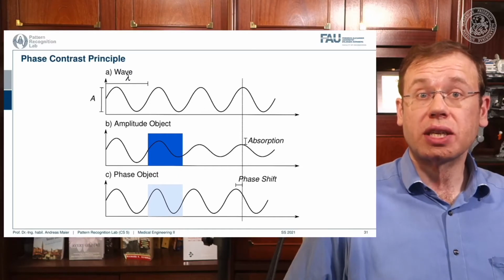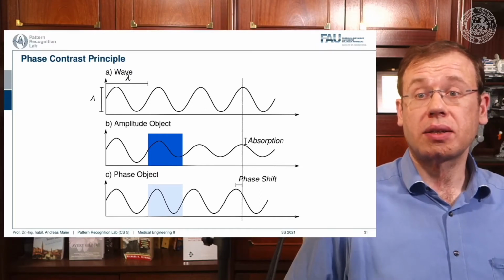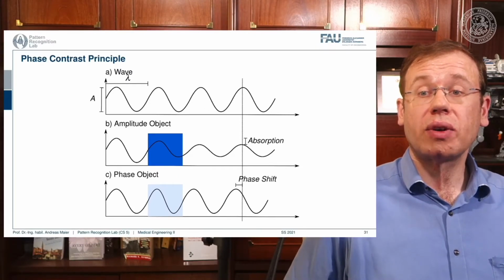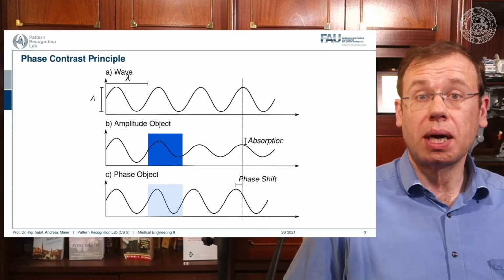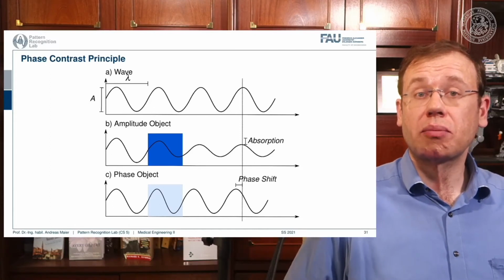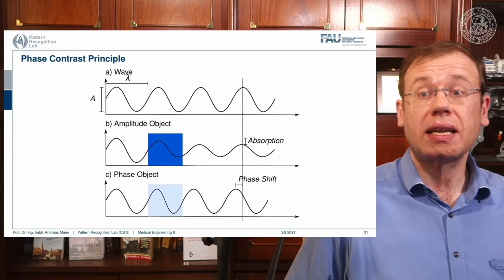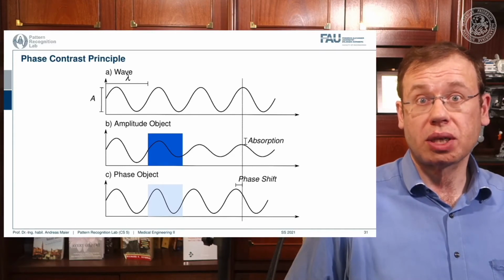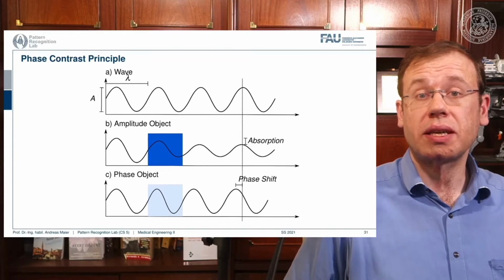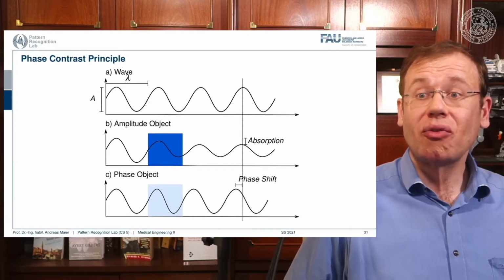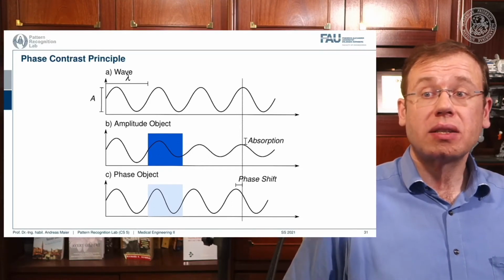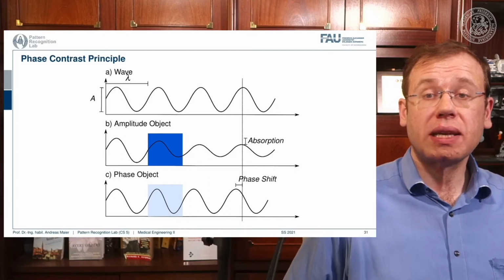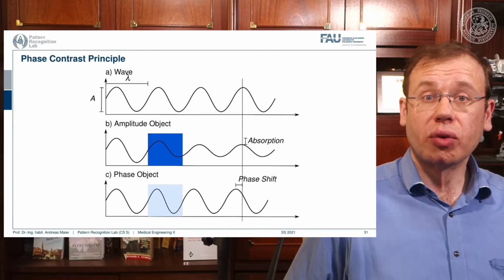Now in a phase object there is no change in amplitude, as you can see in C here, so we never have a change in amplitude, but we might have a different propagation speed in our phase object because it's consisting of a different material, and because of that we have a shift in phase. So you see that as soon as we leave the object we have a different configuration of the wave.